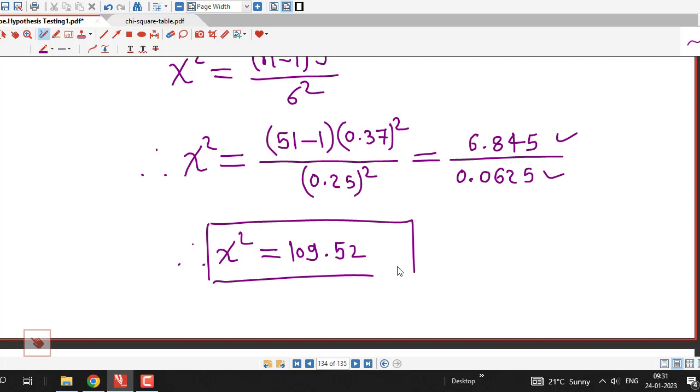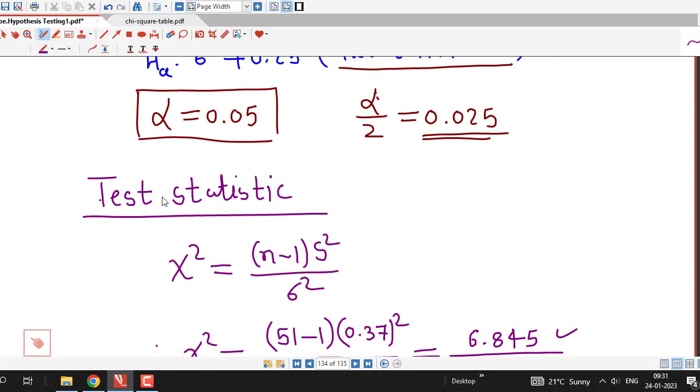So this we have obtained using this test statistic formula. Whenever you are using chi-square test for population variance, you have to remember this test statistic formula, and here the assumption is that the underlying population is normal.